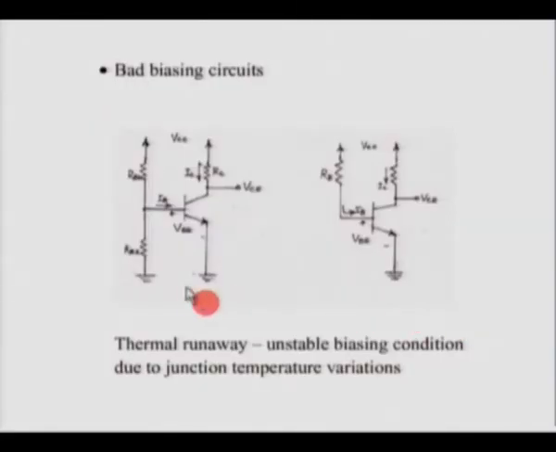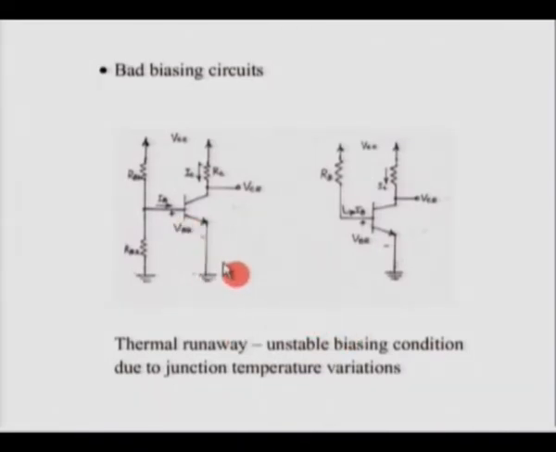Now we also talked about good biasing circuits and bad biasing circuits, and we said that these 2 circuits are bad because they cannot keep themselves from thermal runaway with any temperature variations.